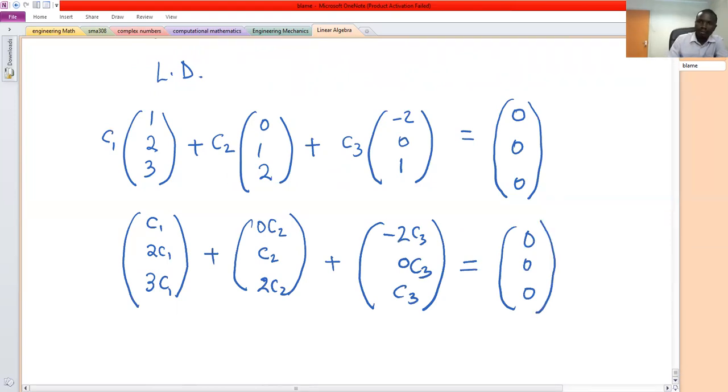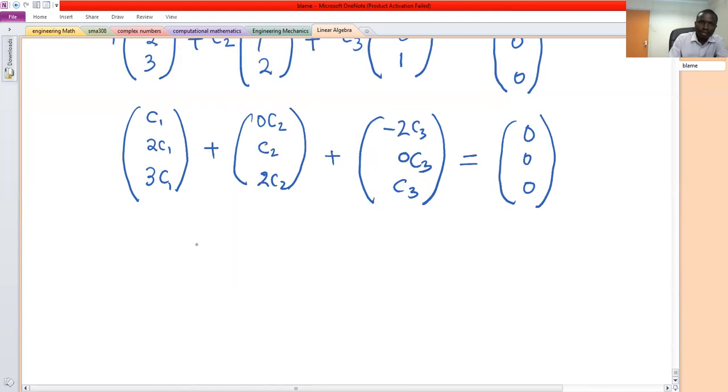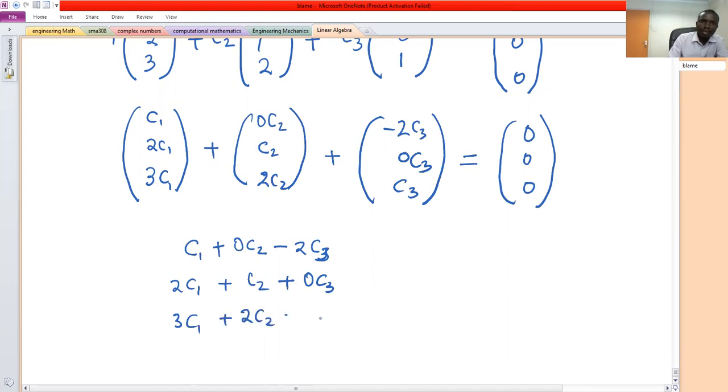Then we get a sum on the left. So I'll have C1 plus 0C2 minus 2C3, and then 2C1 plus C2 plus 0C3, and 3C1 plus 2C2 plus C3. So this sum on the left should give us the 0 vector on the right.